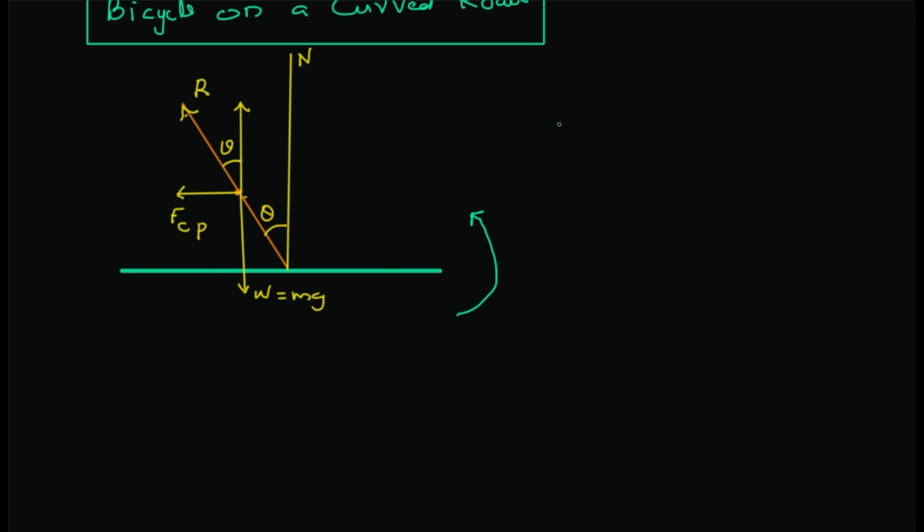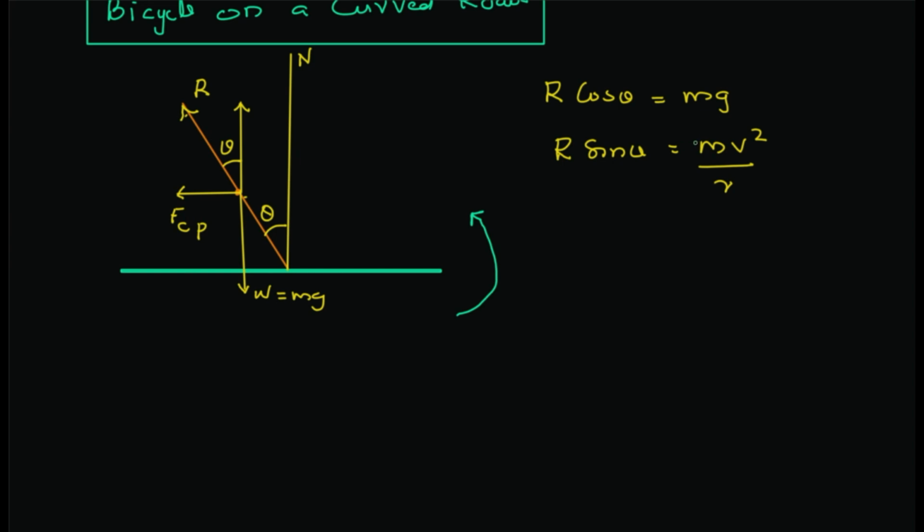Let us write the vertical component of R as R cos theta. R cos theta is equal to mg, which balances the weight. And the horizontal component of R, R sine theta, would be the centripetal force, so you can write it as mv squared over r.